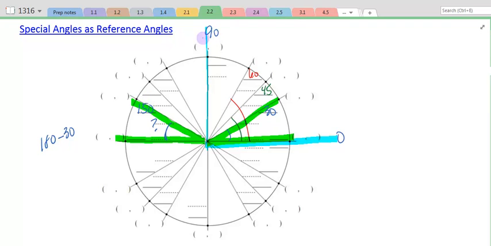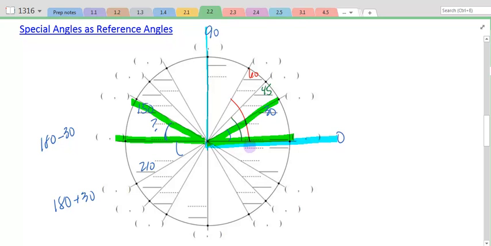In other words, my unit circle is symmetric and reflexive. So all the values over here for 30 apply to these values over here in the second quadrant. They also apply to these values down here in the third quadrant, which I could get by saying 180 plus 30, which gives me 210, excuse me, can't add, 210.